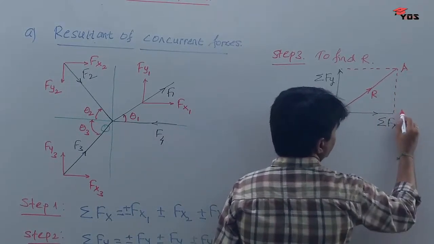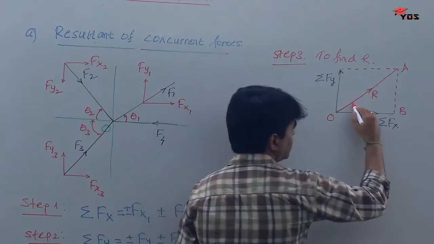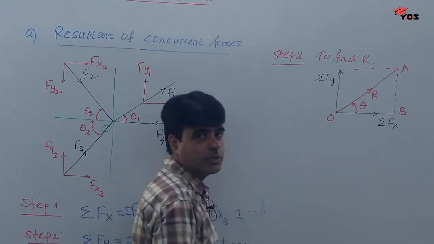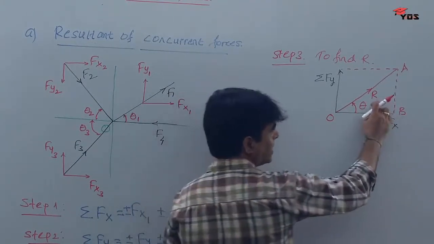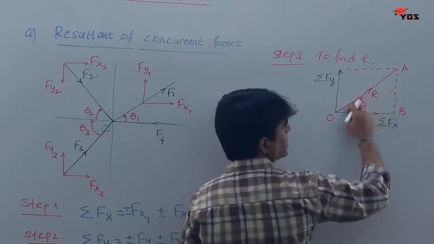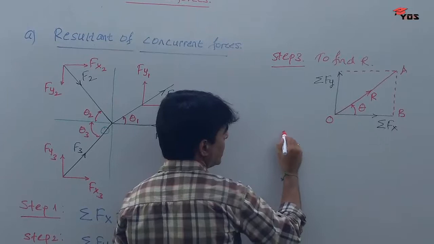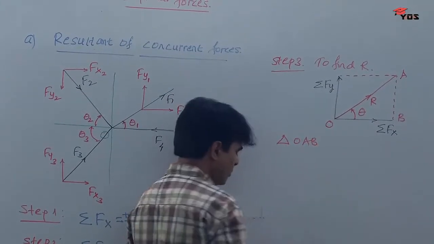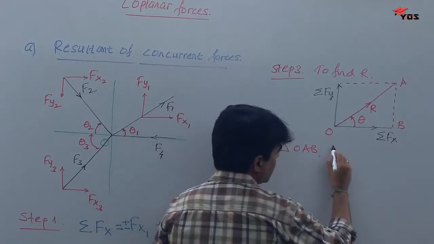If you consider a right angle triangle OAB and say R is making an angle theta with sigma Fx or horizontal, that is the general practice we follow. So here you can easily calculate resultant by using Pythagoras theorem. We require resultant. So from right angle triangle OAB, apply Pythagoras theorem.